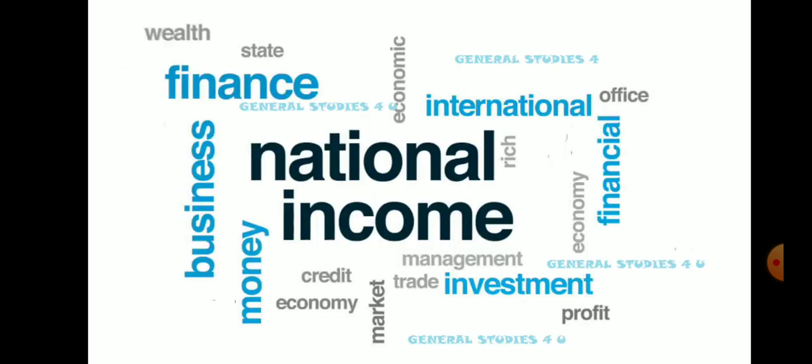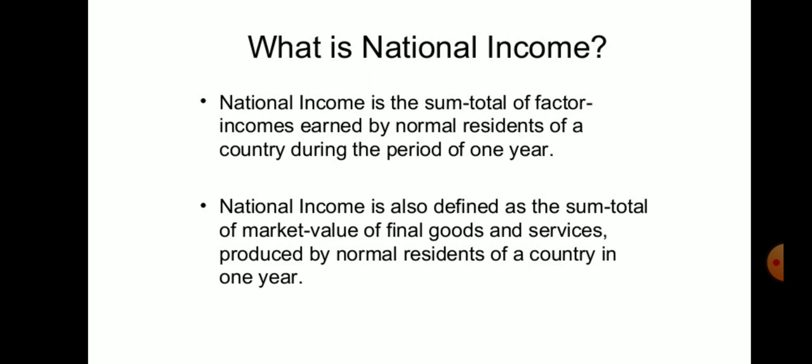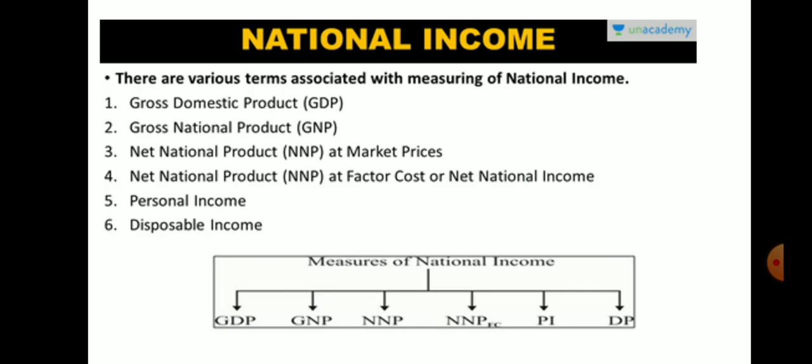Well, we'll move on to national income. What is national income? National income is the sum total of factor incomes earned by the normal residents of a country during a period of 1 year. It's also defined as the sum total of the market value of final goods and services produced by normal residents of a country in 1 year.